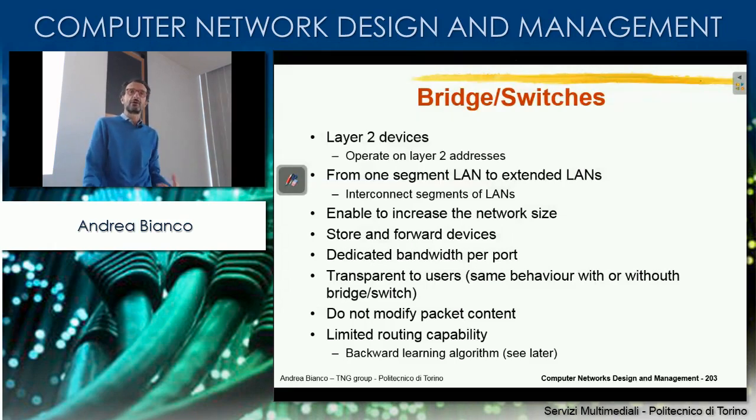Whereas interconnecting LANs through a router has an implication, since you have to reconfigure your network, in particular network addresses, when you insert a bridge or a set of bridges or switches in your network, this has no implication. This is completely transparent with respect to user behavior. Okay? So the question is, how does this happen?